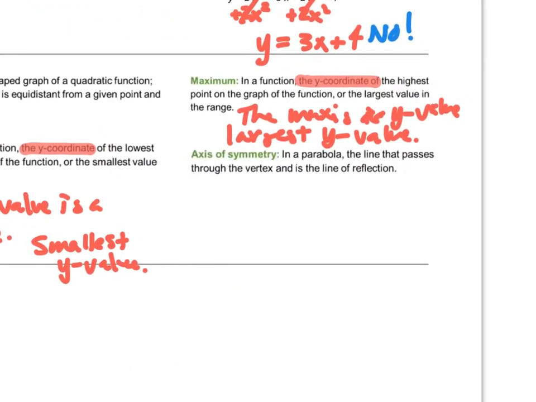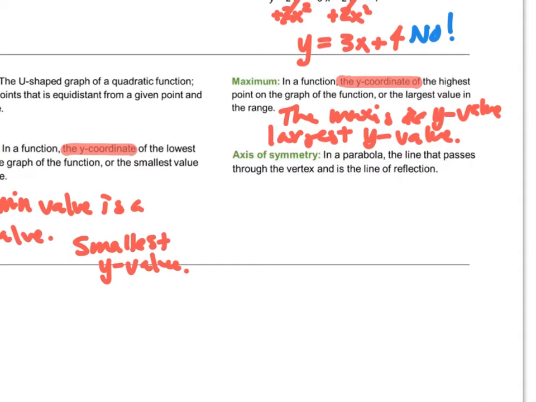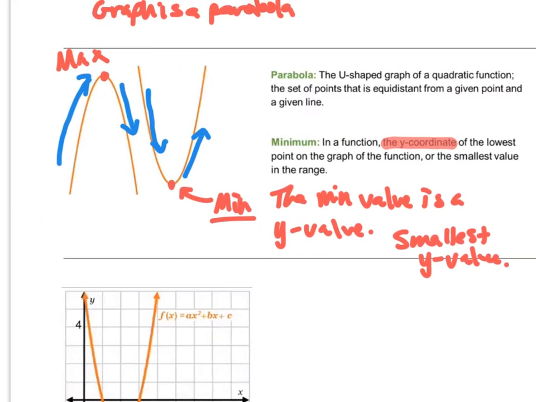And then the other big thing we need to talk about is the axis of symmetry. In a parabola, it's the line that passes through the vertex and is the line of reflection. I'm going to draw a picture here, and this occurs at a maximum or minimum value. At the maximum value, if I draw a line straight down, that is our axis of symmetry.